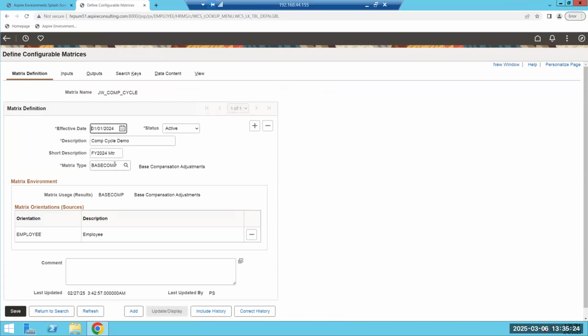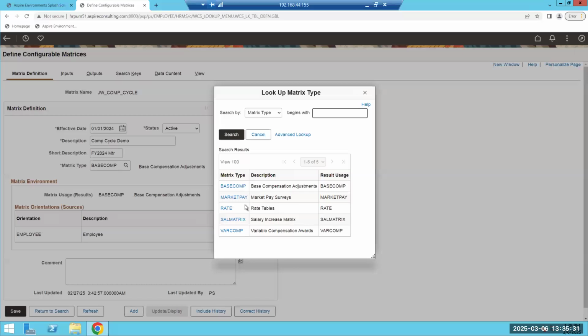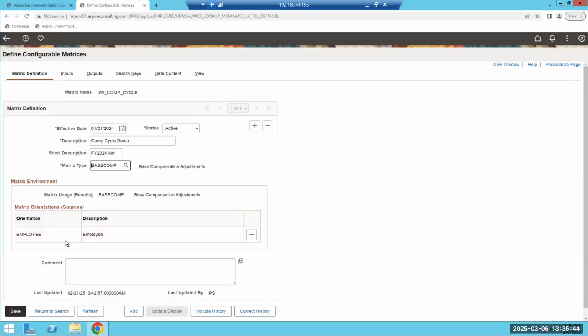There are several different matrix types here, but base comp is the type that you need for a comp cycle. So your matrix type has to be base comp. Your orientation is always going to be employee level for the comp cycle ones.